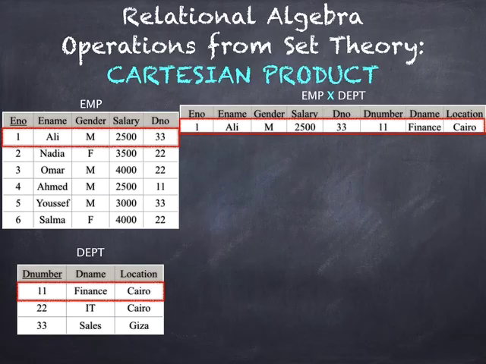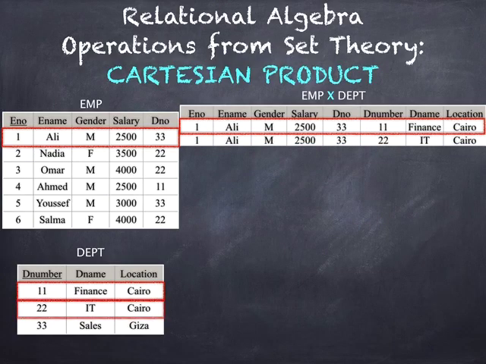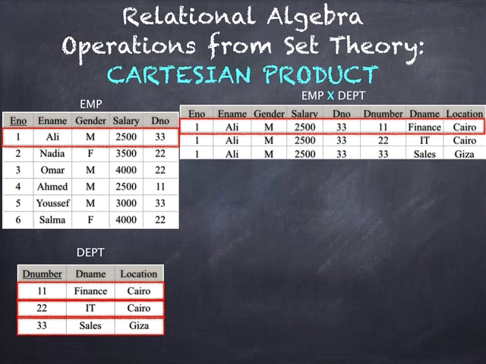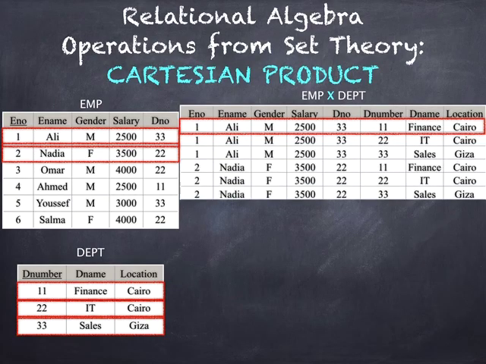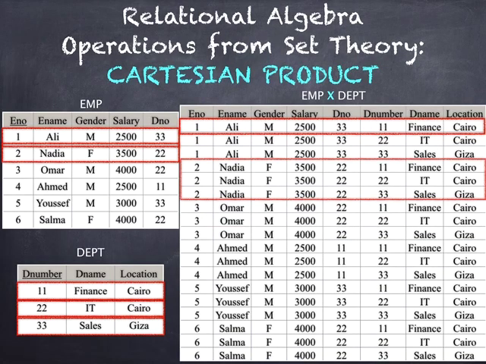Then it takes the same row with the next row in table department, so it places it in front of 22, IT, Cairo, and then in front of 33, sales, Giza. Then it goes to the second record in table employee, which is 2, Nadia, female, 3522, and places it once in front of each of the records in table department, and so forth.